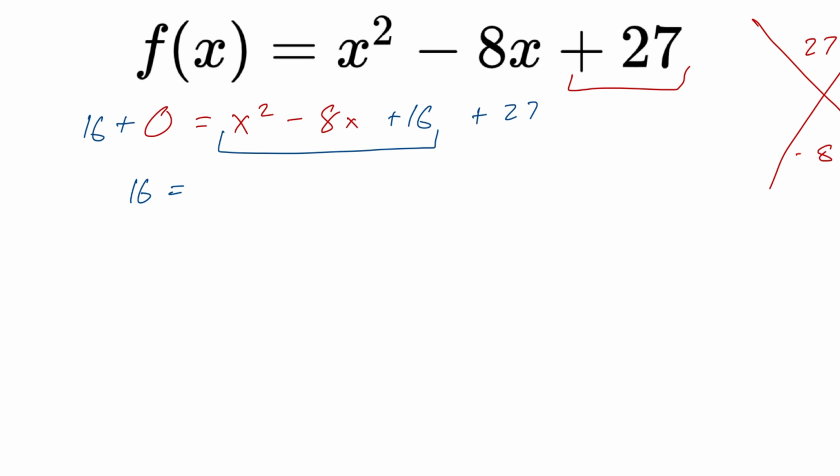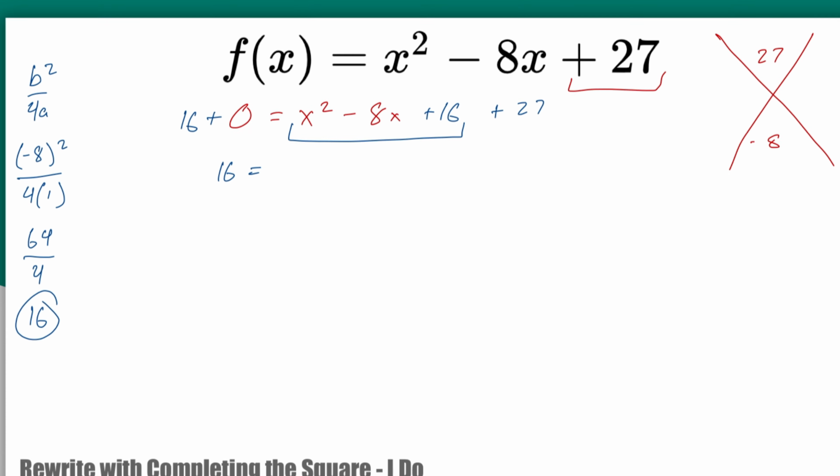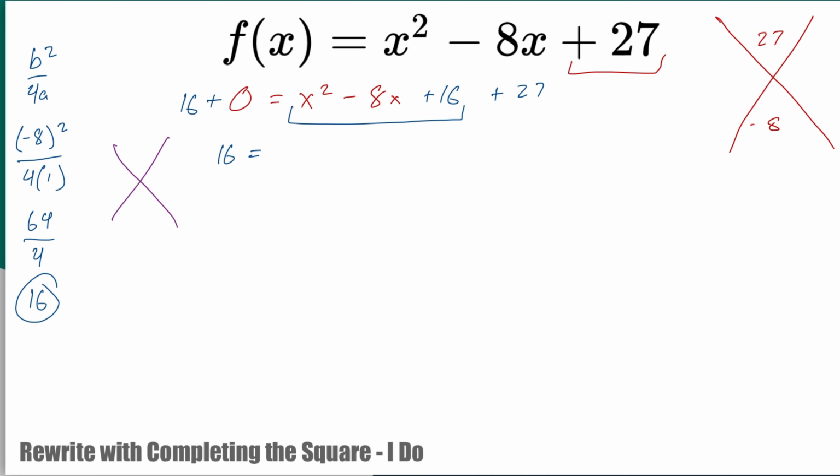I see a -8, I instantly think -4 plus -4 is -8. -4 times -4 is 16. If you have a hard time seeing that, you can still factor 16: -4 times -4 is 16, -4 plus -4 is -8, right? When you have that same number, that means you can really just write it as one binomial squared and then put your other term, plus 27, okay?